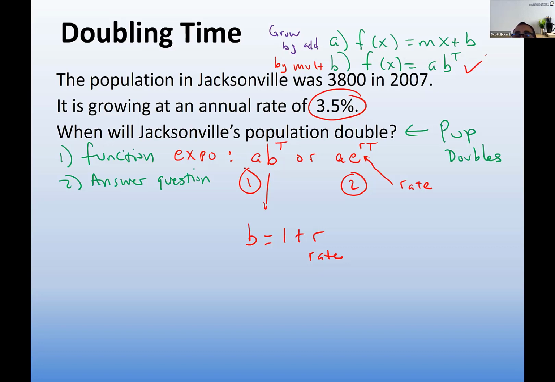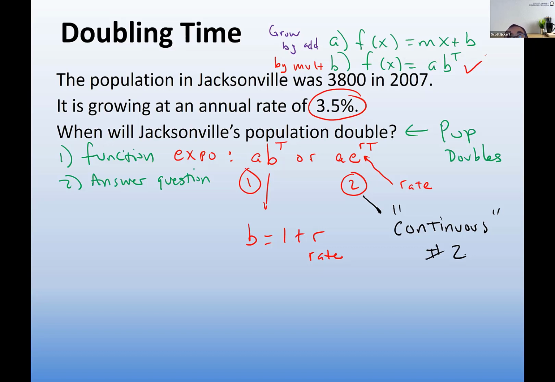If the word problem uses the word continuous, then you have to use number 2, the exponential base E. Now, if the word problem does not say continuous, then you can pick either one.